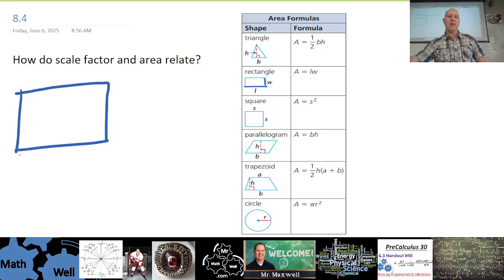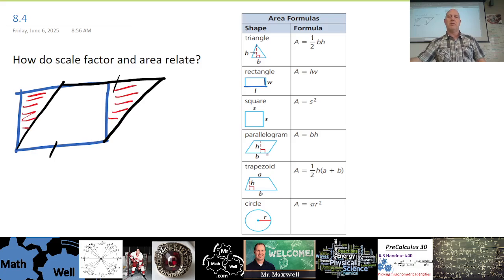So it kind of looks like this, right? Pushed over, the angles are still the same. If this is still the same as the first rectangle, what you're missing is this, and what you've added is the same thing. So base times height of a parallelogram is the same as length times width of a rectangle.